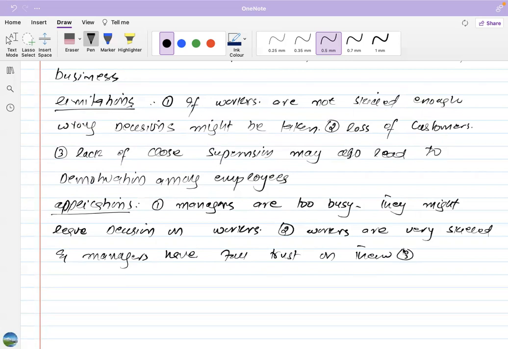Sometimes the work is very unimportant, then also the manager leaves the decision-making process to the workers. If the workers are very skilled, they do whatever they want to do.